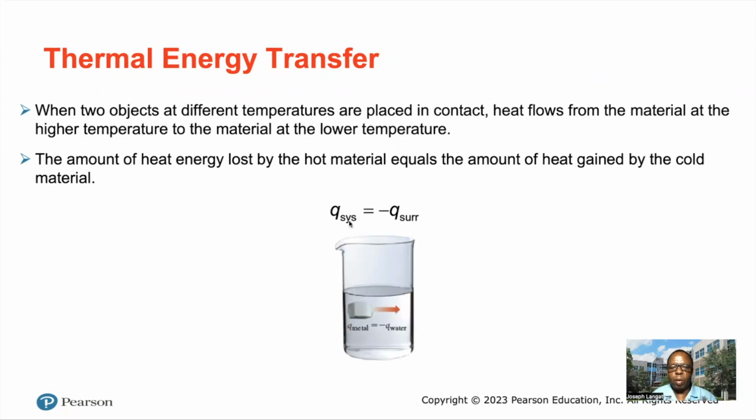If it is exothermic, the surrounding will gain. You see, if the system is a metal block or metal slug at a higher temperature placed in water, the system will lose heat, whereas the surrounding will gain.